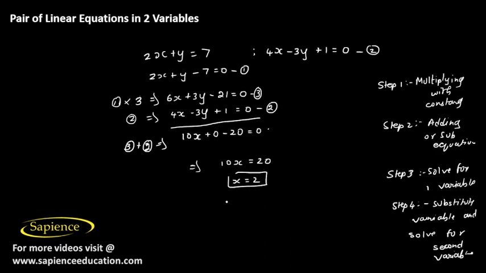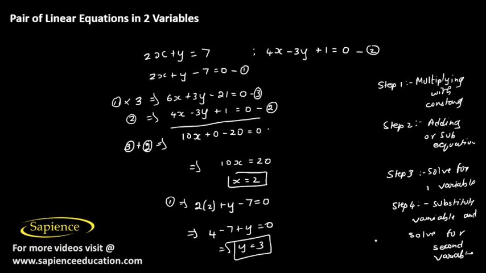That is the fourth and final step. I will substitute in the first equation. So 2 into 2 plus y minus 7 equal to 0. 2 into 2 is 4. So 4 minus 7 plus y equal to 0. 4 minus 7 is minus 3. So y is equal to 3.